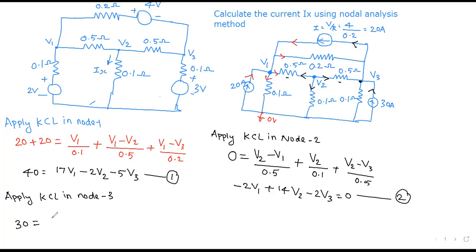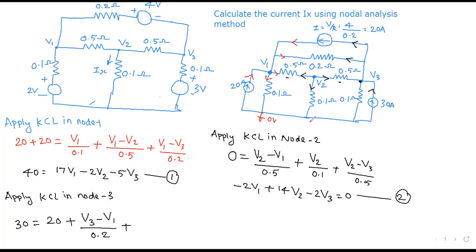So 20 plus... Now this current is this 0.2 ohm resistor current. That means this 0.2 ohm resistor is connected between 3 and 1. So V3 minus V1 divided by 0.2.